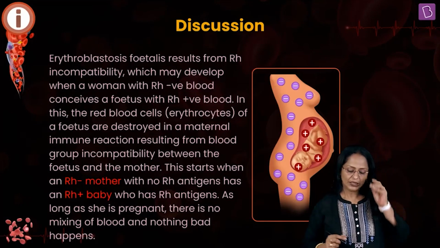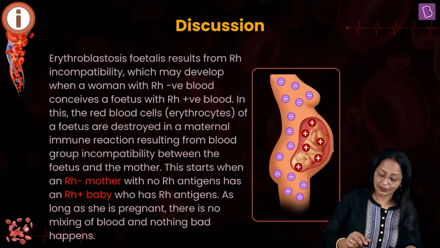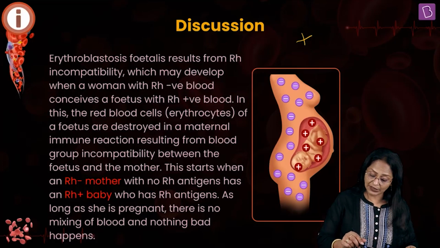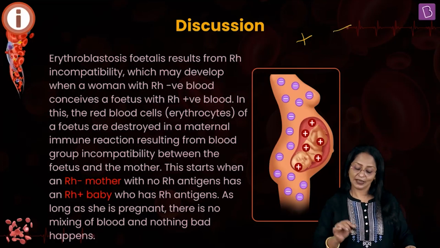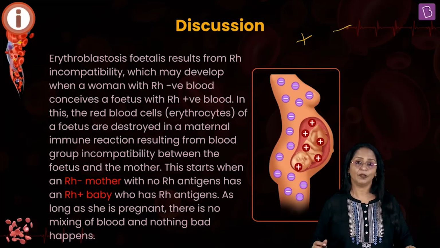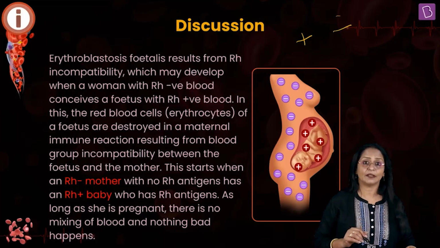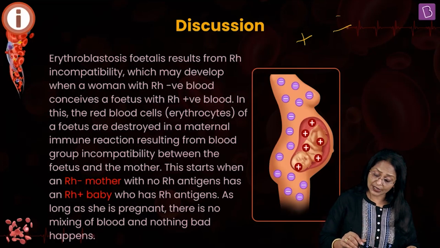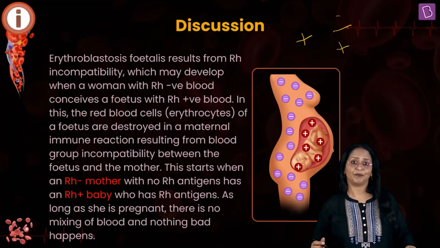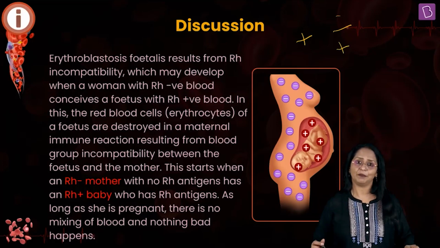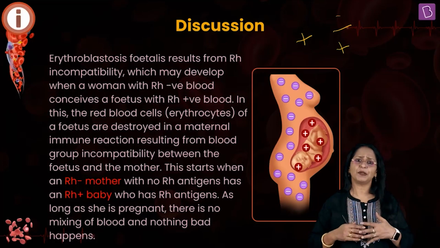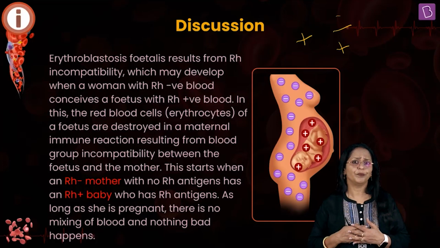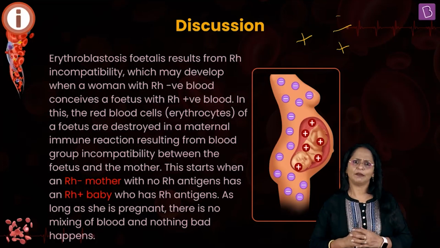I'll tell you how. Let's say that the father is Rh positive and the mother is Rh negative. So when she gets pregnant, let's say the first child, and the child turns out to be positive, what is going to happen? During the gestation period, that means during the time when the fetus is developing in the womb, nothing is going to happen, right?